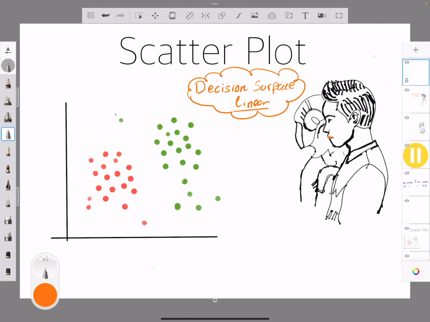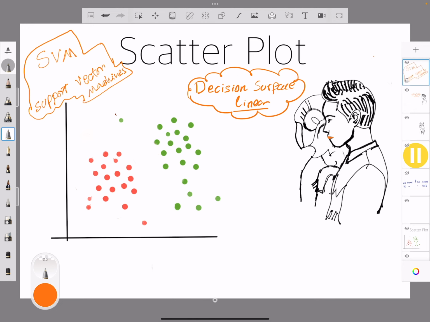Let's talk about something related to decision surface, an algorithm called SVM. S is support vector machine. We will work on this later, but for now I just want to ask a couple of questions.